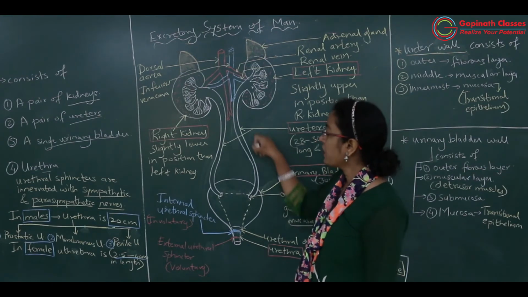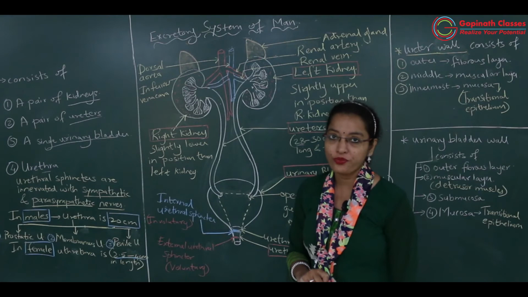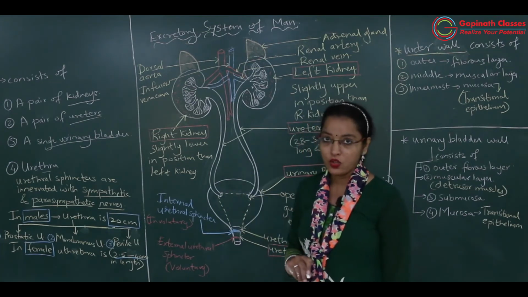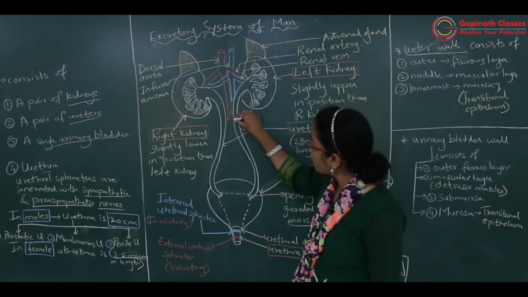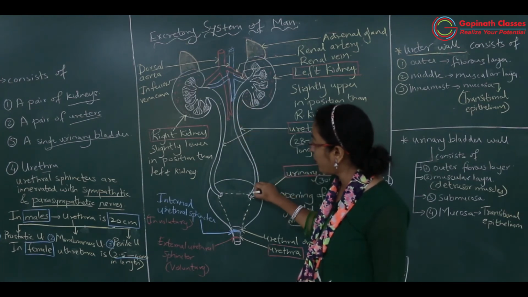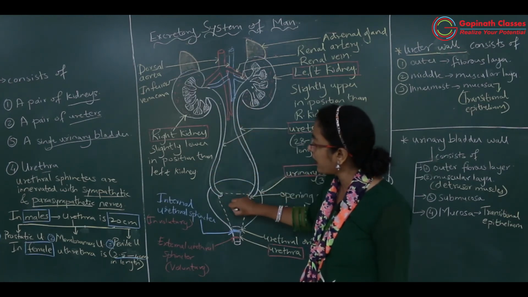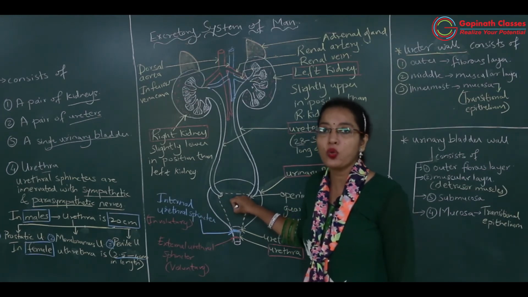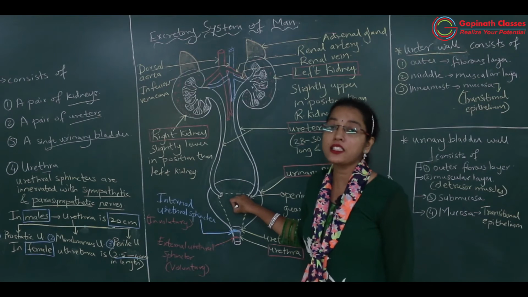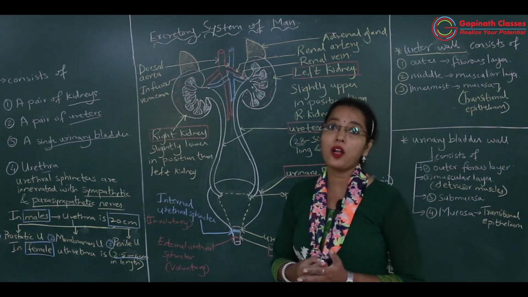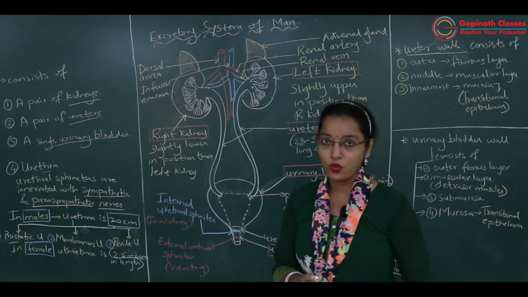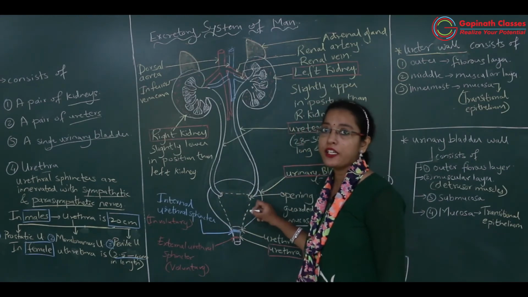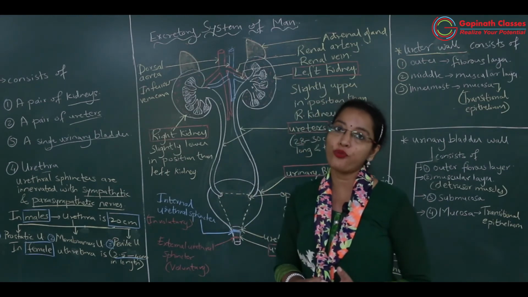Got it? Then coming to the next part of the excretory system, that is the urinary bladder. Okay, so once the urine has been passed through the ureter, it will come into the urinary bladder, and this urine gets accumulated temporarily in this sac-like structure which is pear shaped.